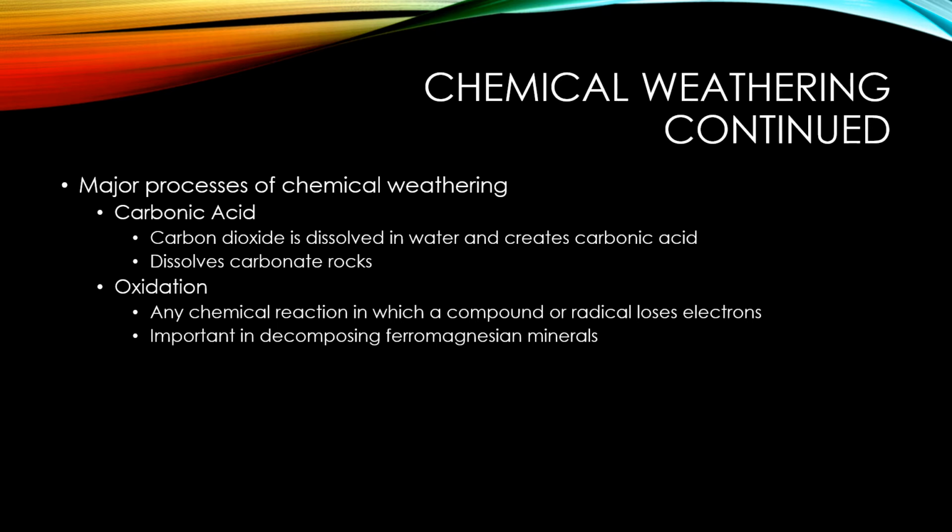So generally rainwater is acidic, and generally rainwater is acidic because it contains carbonic acid, or it is carbonic acid in a sense. And carbonic acid dissolves all rocks, but it especially dissolves carbonate rocks.